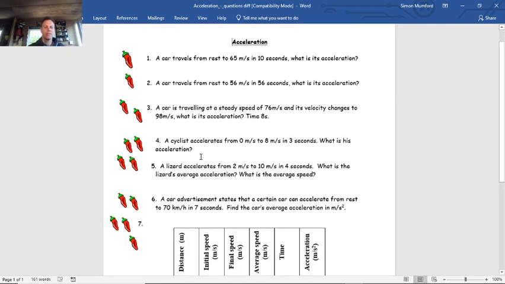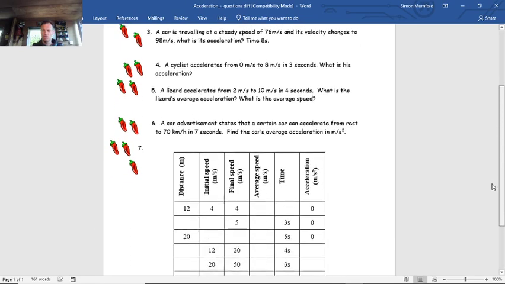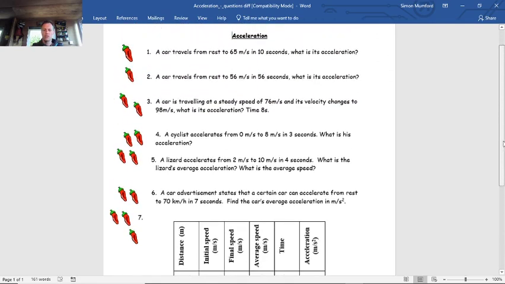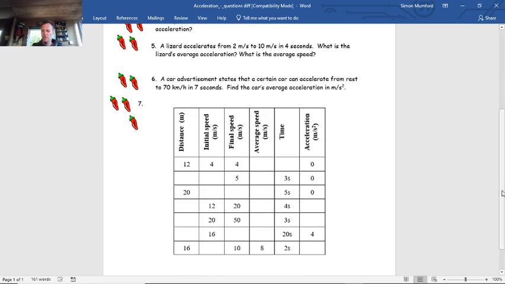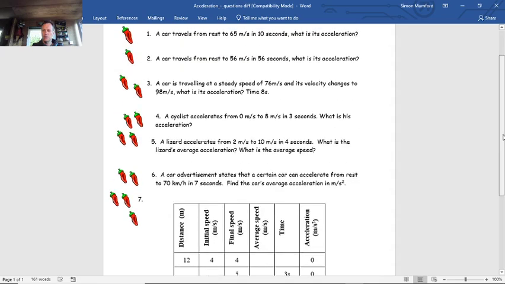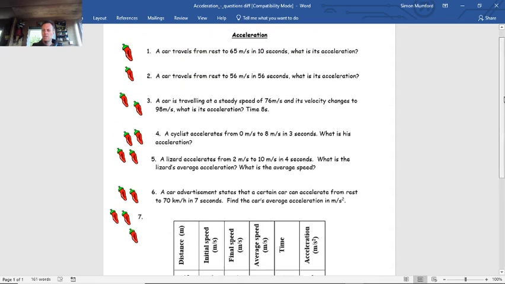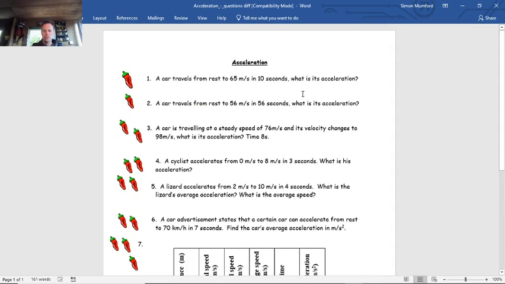Yes, it's a good old chili game. 1 chili are easy ones, going harder down to 3 chilies. I think I might have a mark scheme with the answers somewhere. Anyway, what I'd like you to do is go through them, and you can work out the acceleration each time. They do get slightly harder going all the way down to this table at the bottom here. If you're feeling confident, go in probably about here. If you want some easier practice first, start with the ones just over here.